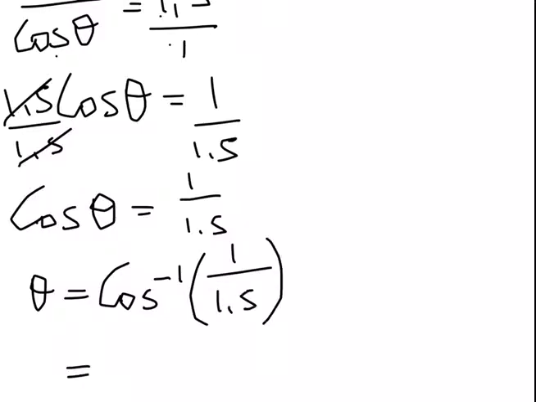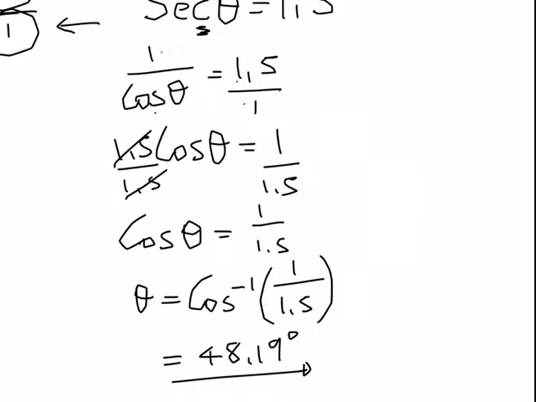Then you punch it on your calculator. Let's see, I will say shift cos, and then it's 1 over 1,5. You close that, you say equals, it gives you 48,19 degrees because it is an angle. That is one of the ways in which you can work it out.